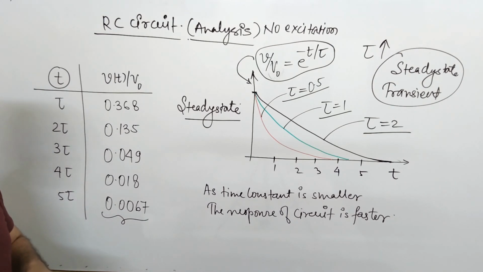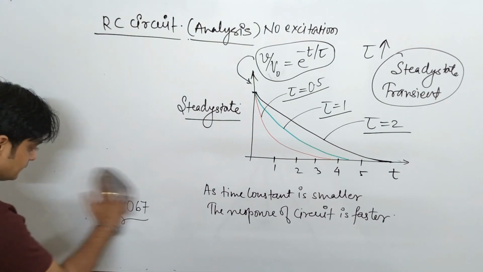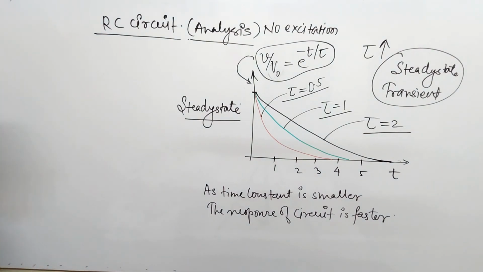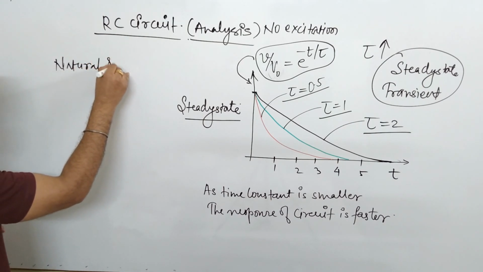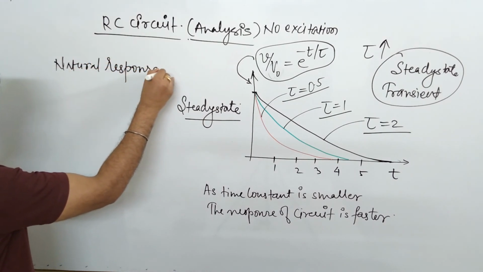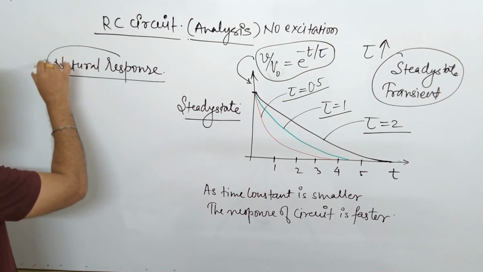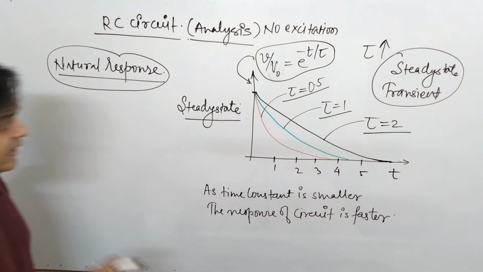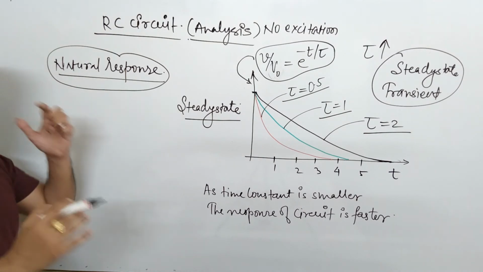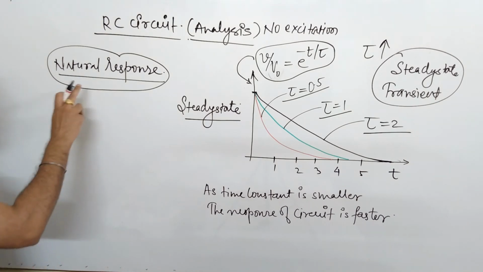Now, why am I talking about the natural response? Because there is no excitation in the circuit. The circuit behaves as per the voltage which previously appeared on the capacitor. So this is referred to as the natural response.